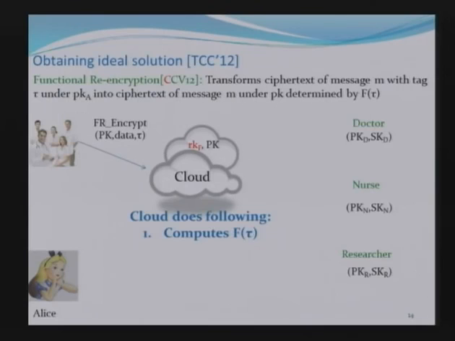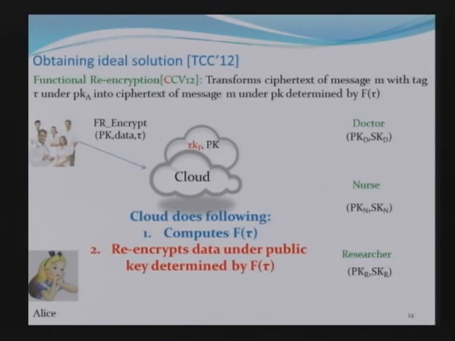It's going to compute f of tau, and then it will re-encrypt the data under the public key determined by f of tau. Okay, and it will store this data or send it to whoever needs it, and the appropriate recipients can try and decrypt this data. If they are successful, that data is meant for them.